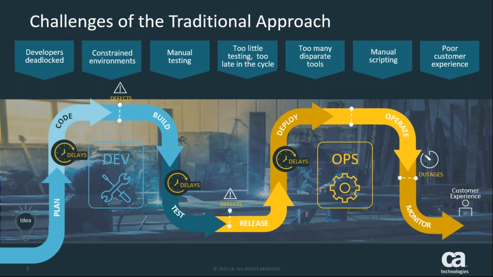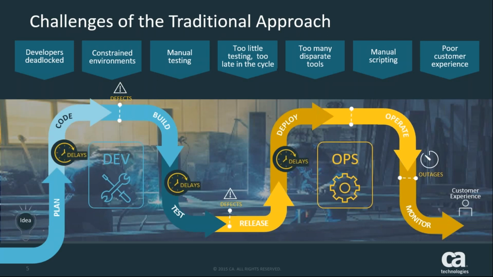When we look at some of these traditional approaches and the challenges to them, I think all of us on the panel today have experienced firsthand some of these gotchas, roadblocks, and terrible nightmare scenarios that pop up in trying to get applications from planning to deployment to actual use in the wild.